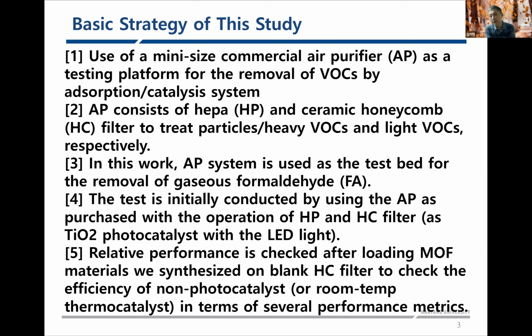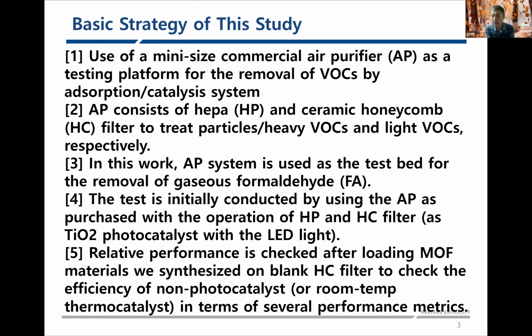In general, the HEPA filter is built to treat particles, but as it is also packed with activated carbon, it is also good for treating heavier VOCs like benzene and toluene, with carbon number over 6.